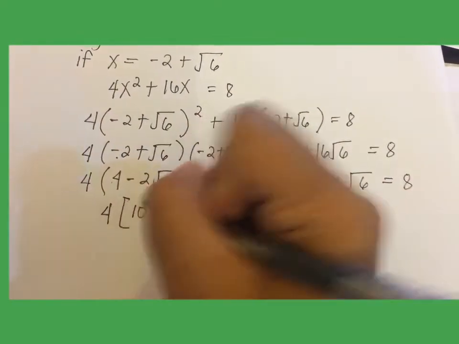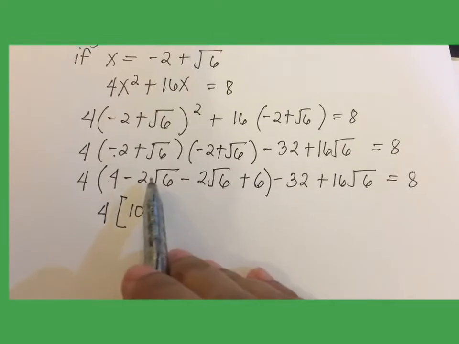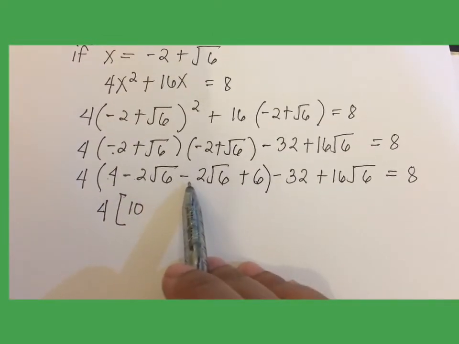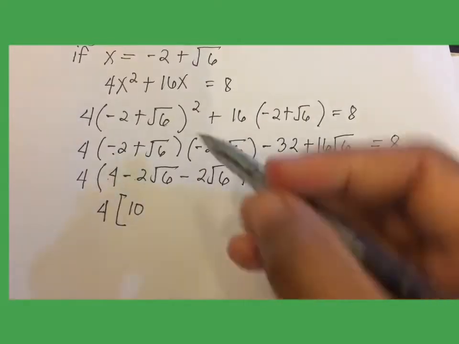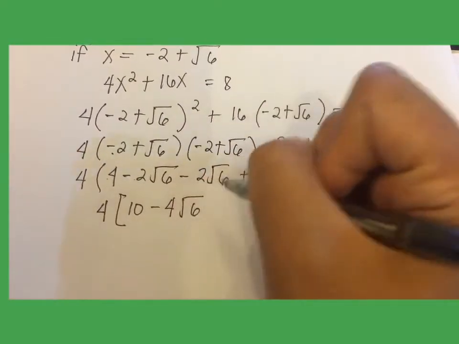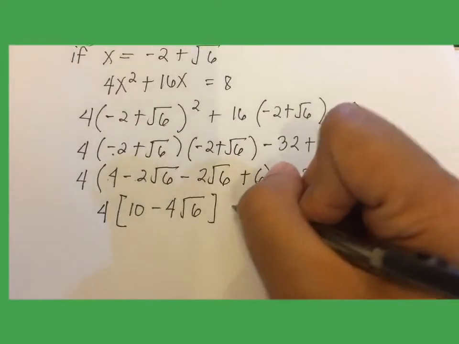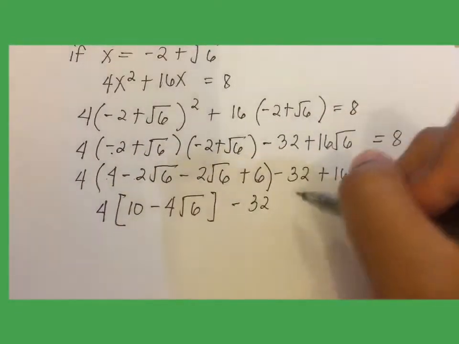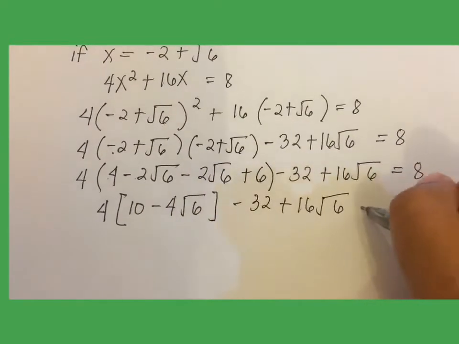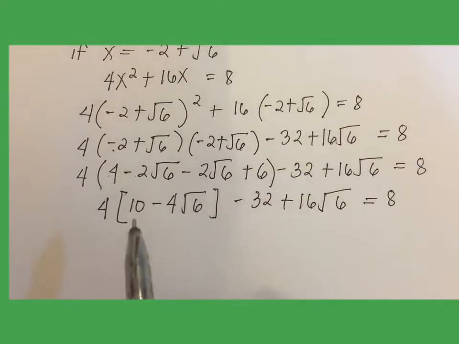That is 10. How about this one? Negative 2 square root of 6 plus negative 2 square root of 6. Therefore, this is negative 4 square root of 6 minus 32 plus 16 square root of 6 equals 8.